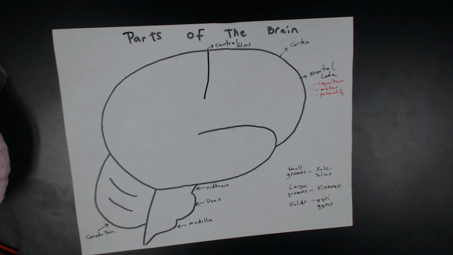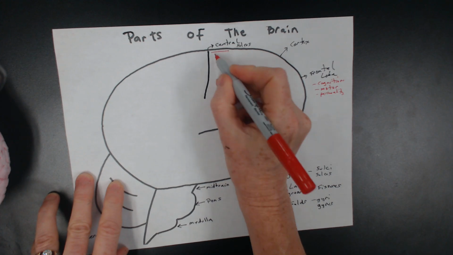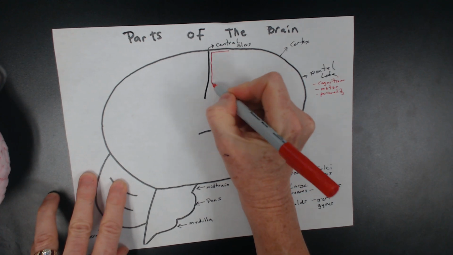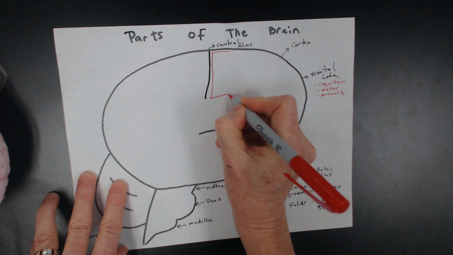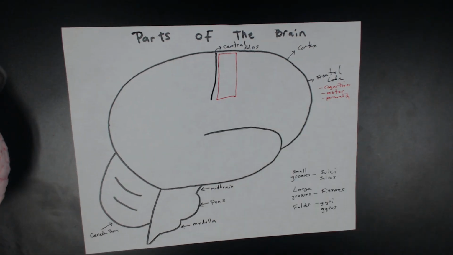Now, like I said, those sulci go along with the grooves or the folds next to it, the gyri. There's a really important gyrus that's right in front of the central sulcus, located in the frontal lobe.